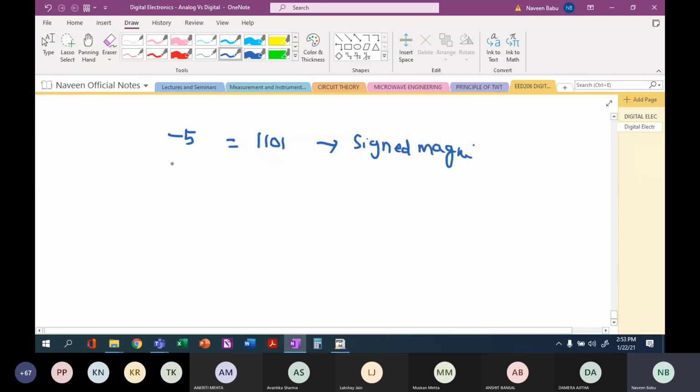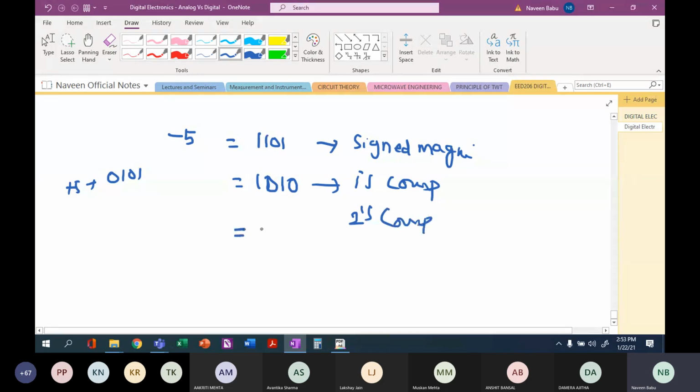So 0101 is the plus 5 representation. In terms of ones complement representation, minus 5 can be represented as 1010. In terms of twos complement representation, minus 5 can be represented as 1011. Why?